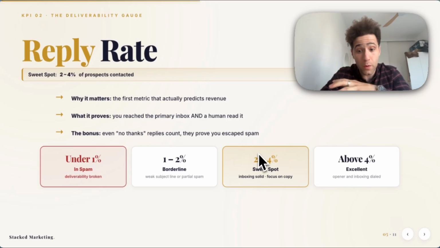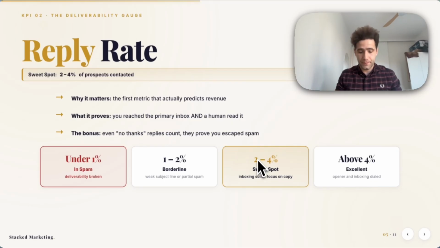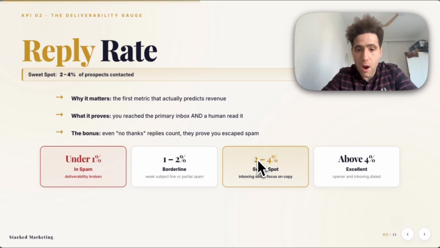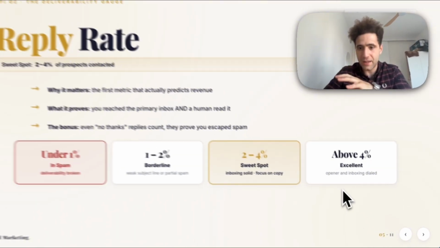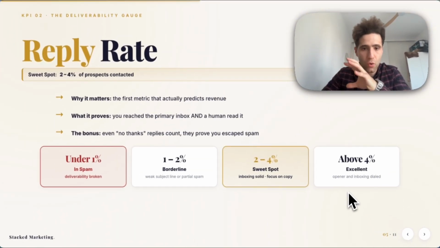If you have 2 to 4%, this is a really strong and more realistic sweet spot. Then you will definitely know that the vast majority of your cold emails are landing in the primary inbox. And if you have anything above 4%, that could be absolutely excellent. It would probably indicate that you have a strong offer and a strong cold email script with strong messaging that elicits some sort of response. It's probably going to be positive.